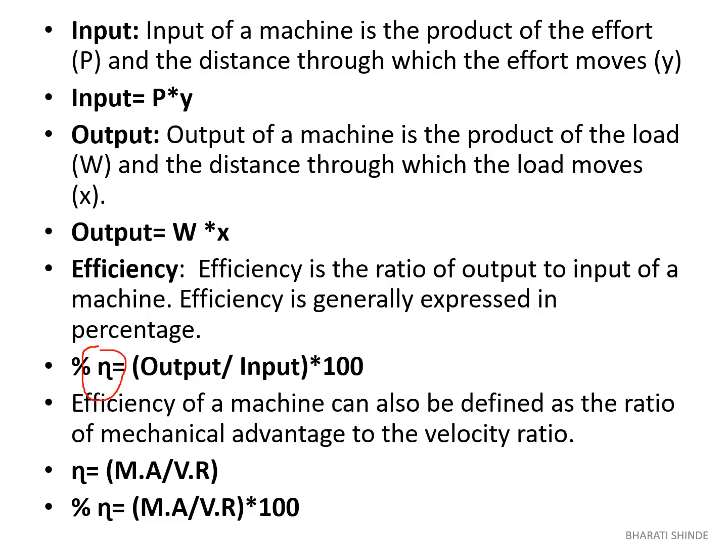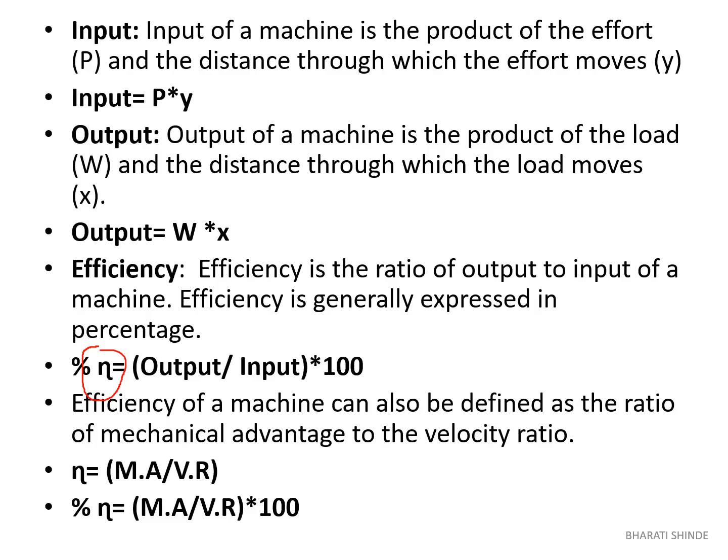So percentage efficiency we can write output divided by input multiplied by 100. If we want efficiency in percentage, then you have to multiply it by 100.